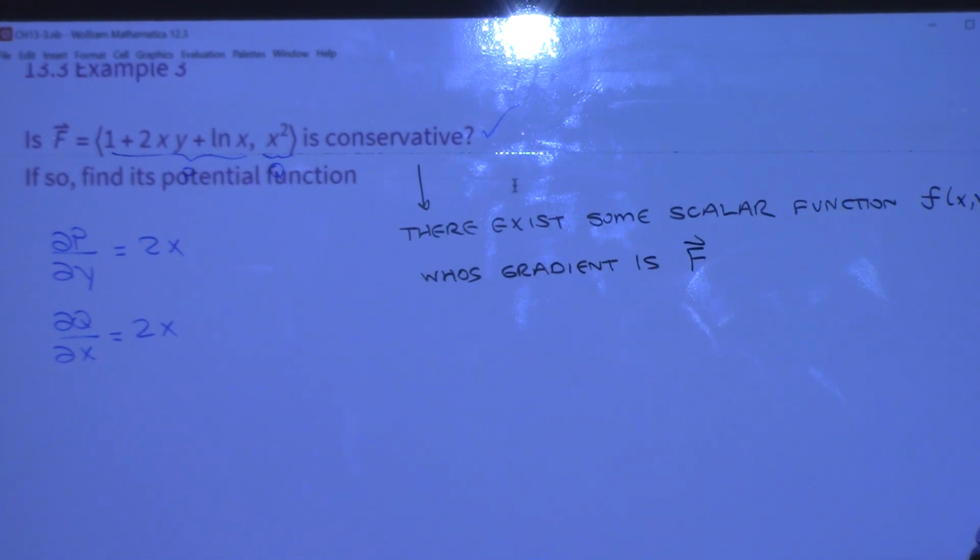There's some scalar function that when I take the gradient of that, I get that. Find it. Find the scalar function that when you take its gradient, you get that. Understand what I have to do?